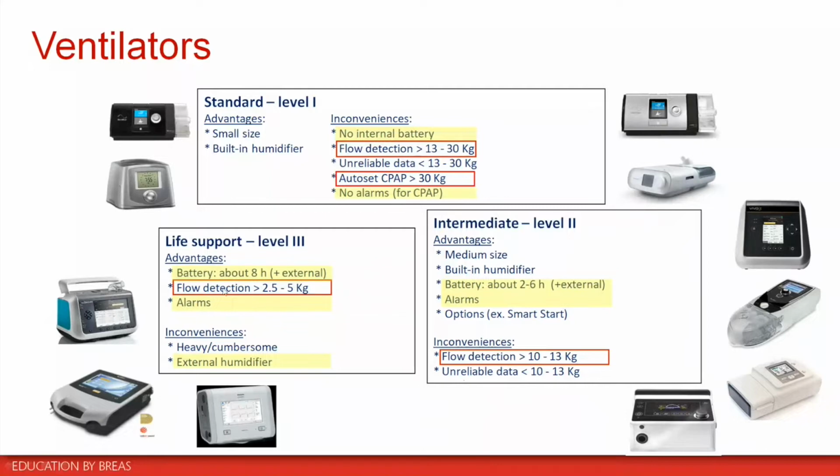They have a flow detection that is usually over 5 kilograms, and 2.5 kilograms for this new ventilator, meaning that these are ventilators you can easily adapt for very small infants. They have a lot of alarms, once again, because you have to have alarms. It's important if a patient is ventilated with life support.